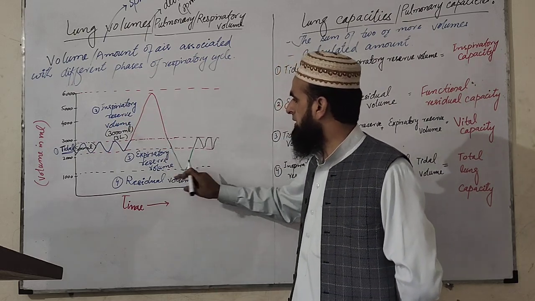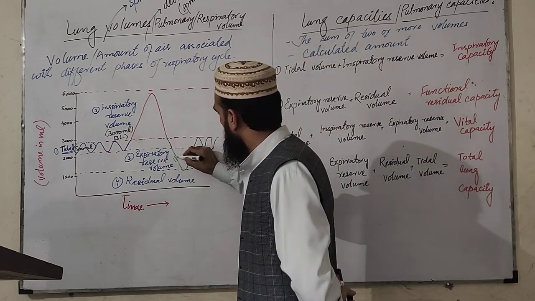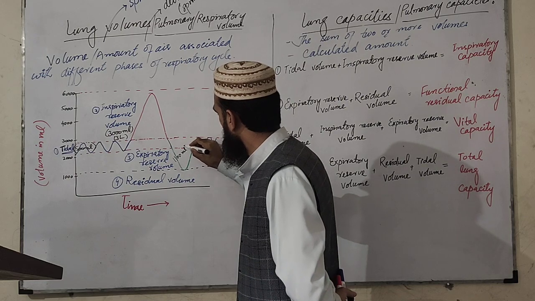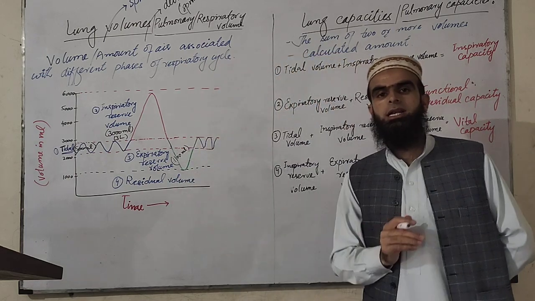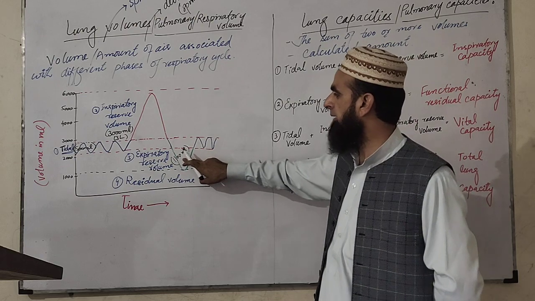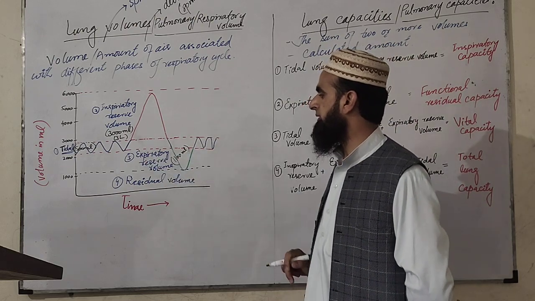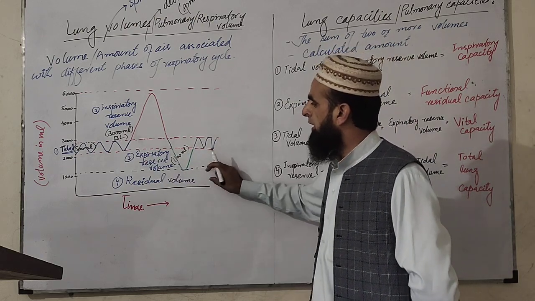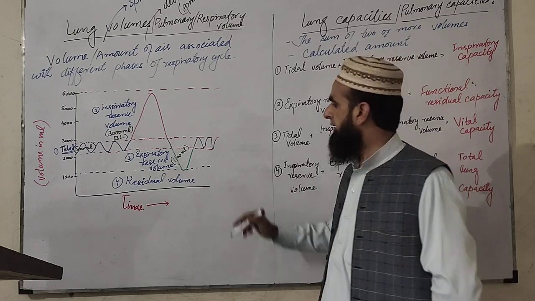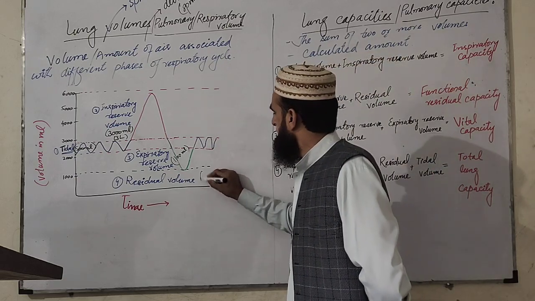Similarly, the expiratory reserve volume is said to be 1100 ml, which means 1.1 liters.